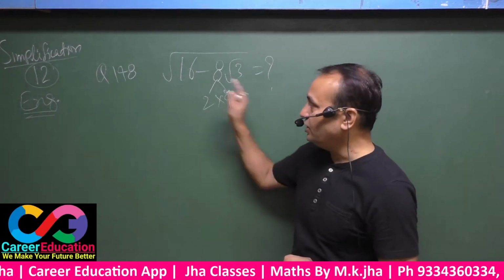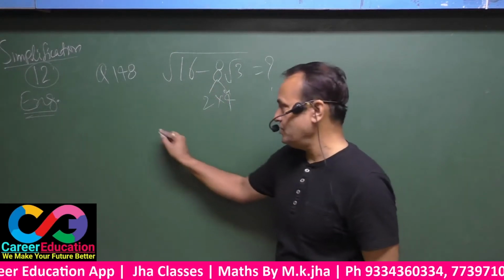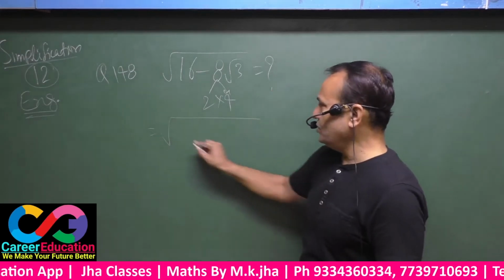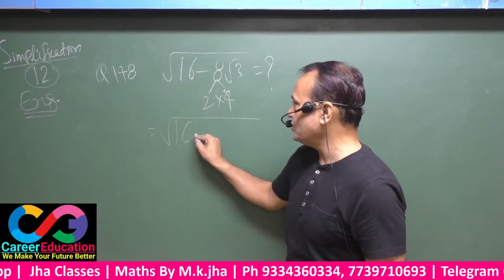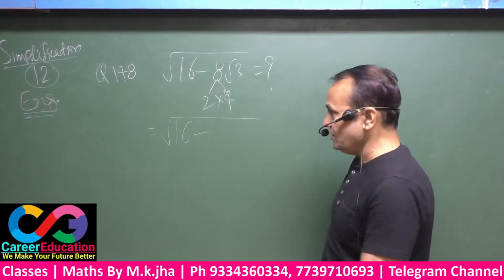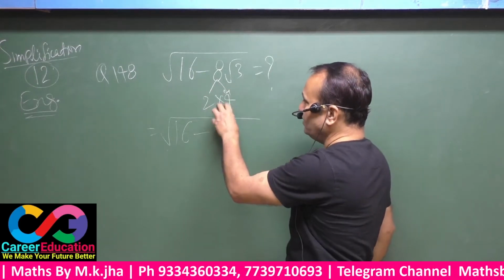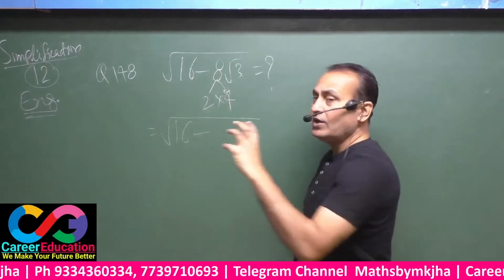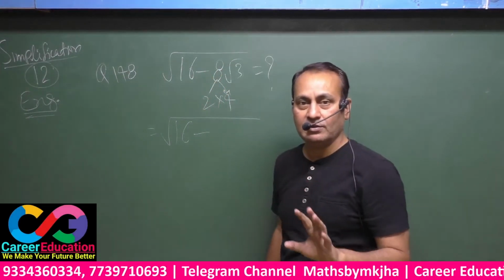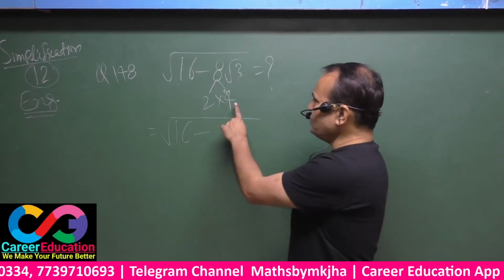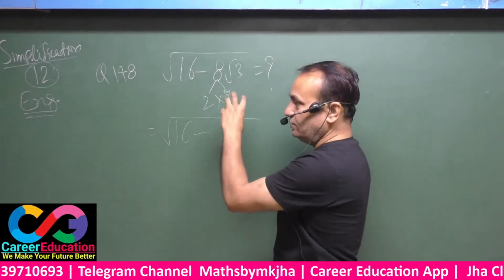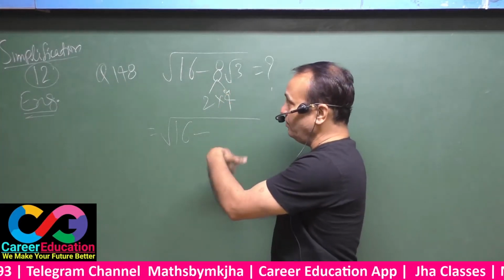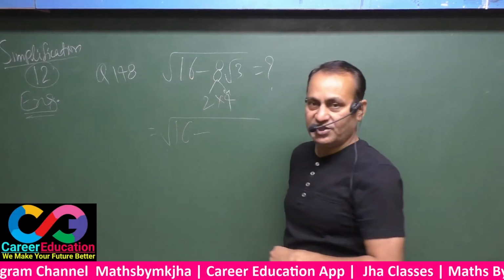That's why you have to think of something more. See here. This is under root 16 minus. Since you got 2 from 8, this can't be A, this can't be B in this situation. Now what do you have to do here? Listen to me. If this is not A, this is not B, that means these are not satisfying 16.